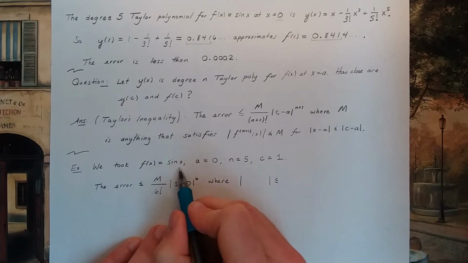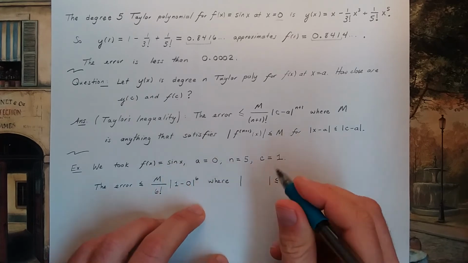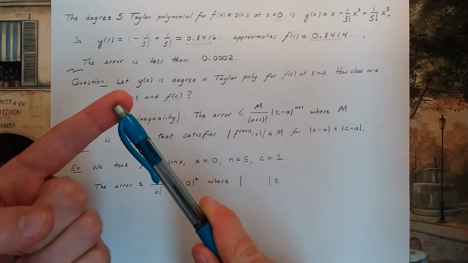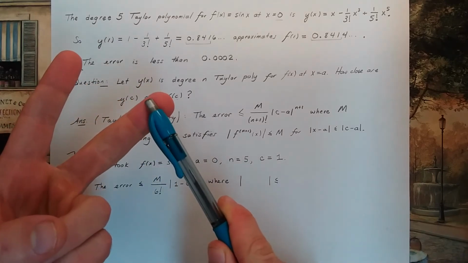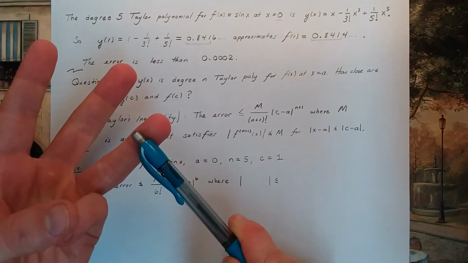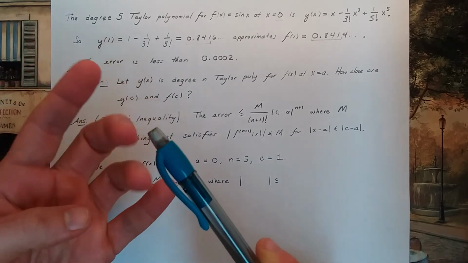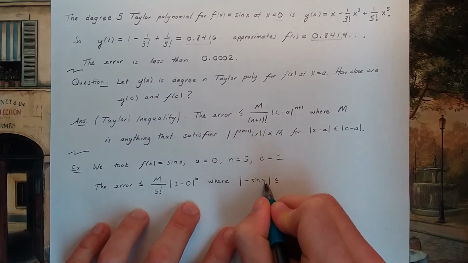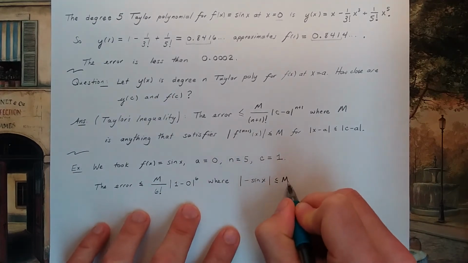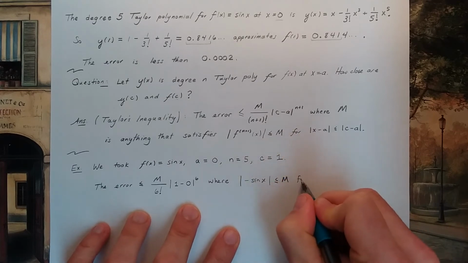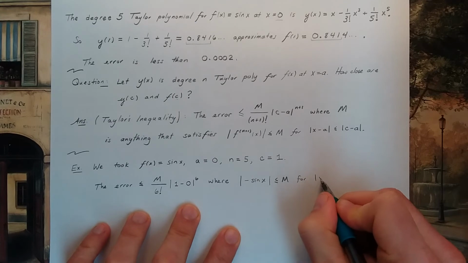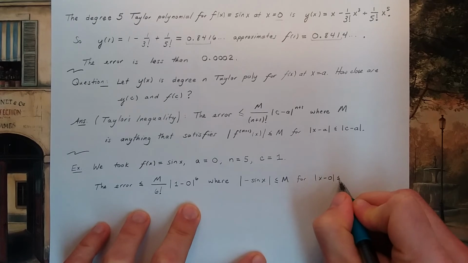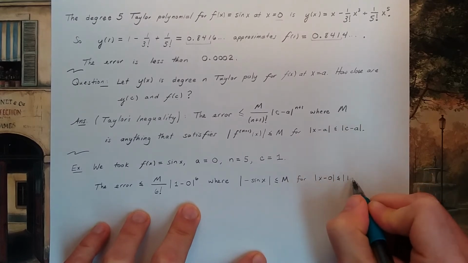So let's do 6 derivatives. The first derivative is cosine, second derivative, negative sine, third derivative, negative cosine, then sine, cosine, negative sine. So the 6th derivative turns out to be negative sine x. That has to be less than m, for values of x where x minus 0 is less than or equal to c, which is 1 minus 0.